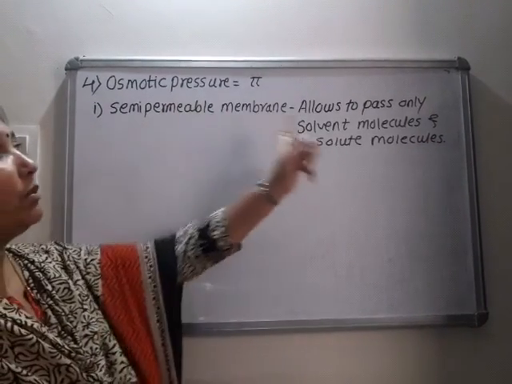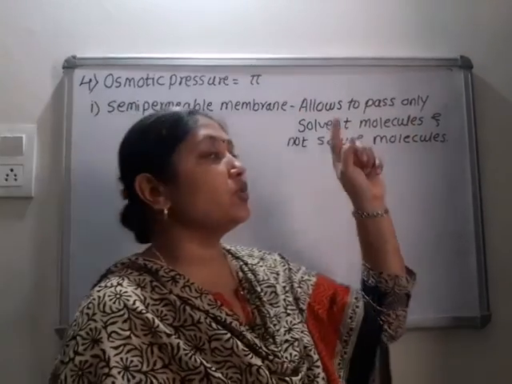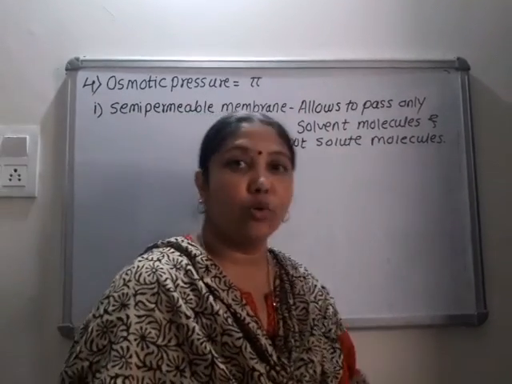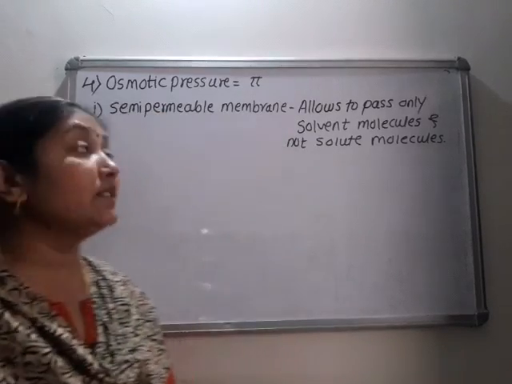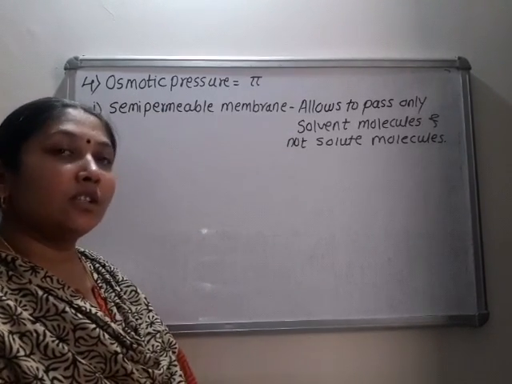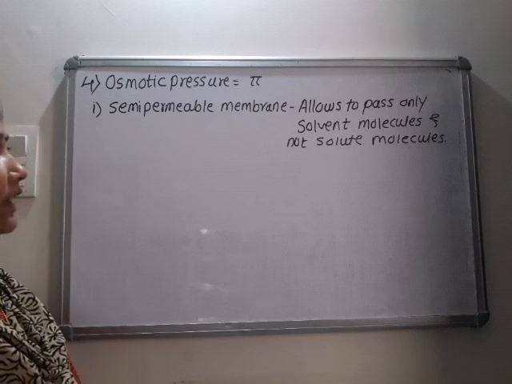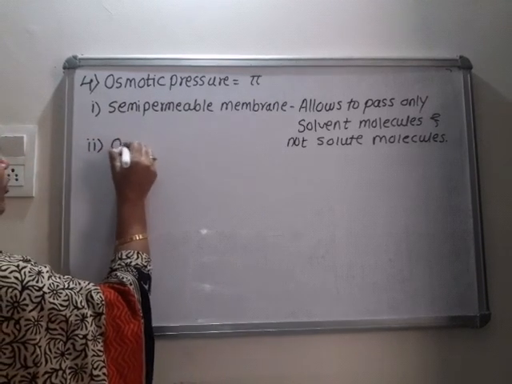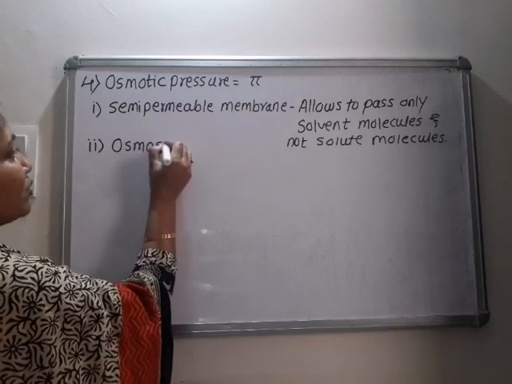So semi-permeable membrane allows to pass only solvent molecules and not solute molecules through it. Example I told you, cellophane. Okay. Then what is meant by osmosis?